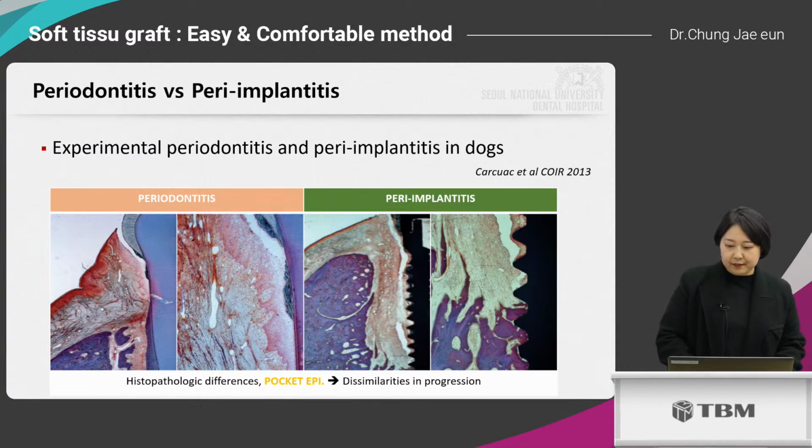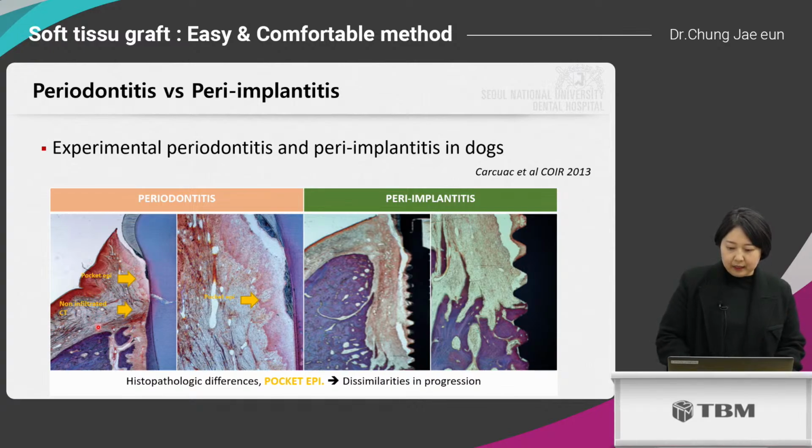Because of these differences, periodontitis and peri-implantitis have similar symptoms and clinical features, but the progression of the disease is slightly different. In periodontium, there is a non-infiltrated connective tissue zone between the pocket epithelium here and alveolar crest.